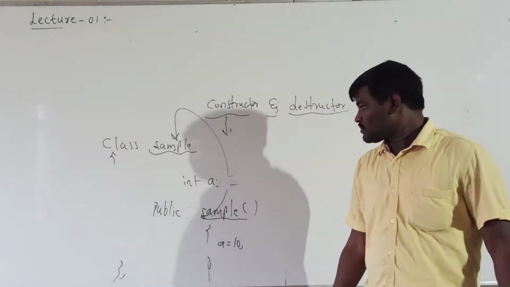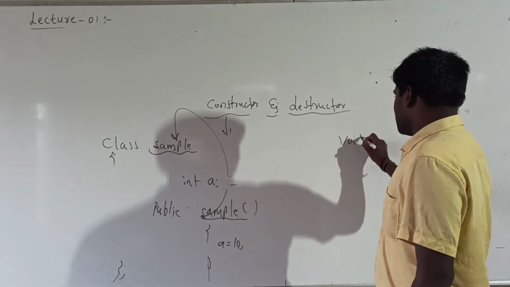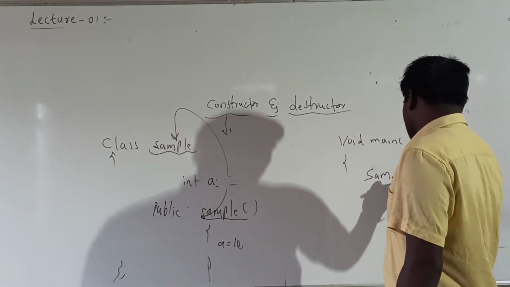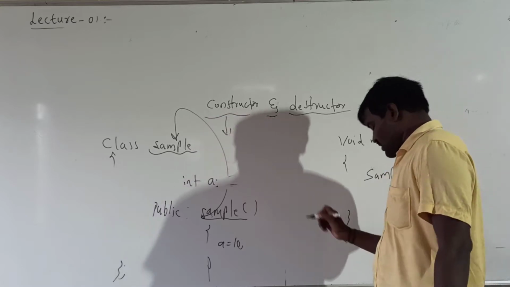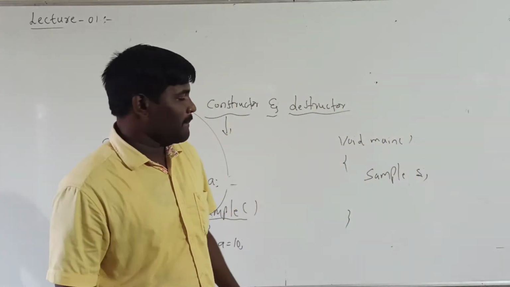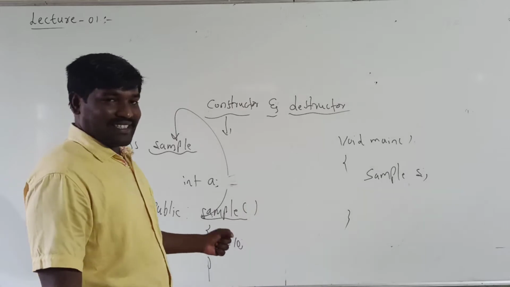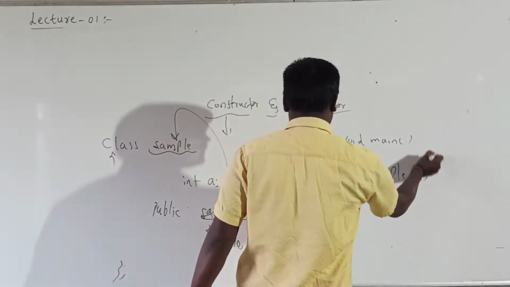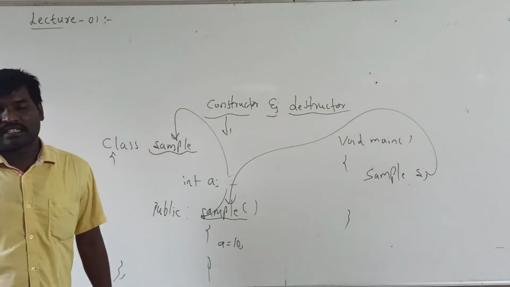Second point: in main, I can create an object, sample s. The second characteristic or rule is that when the object is created, it will automatically call the constructor.